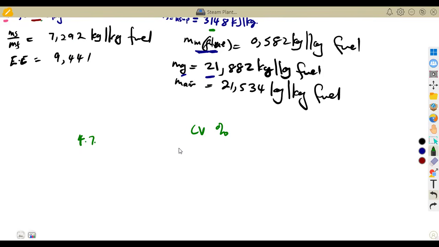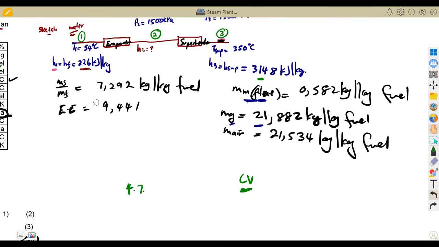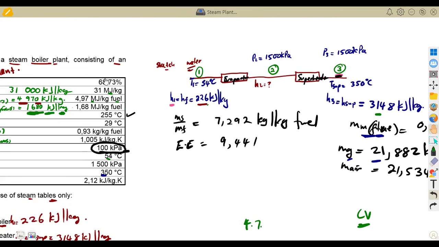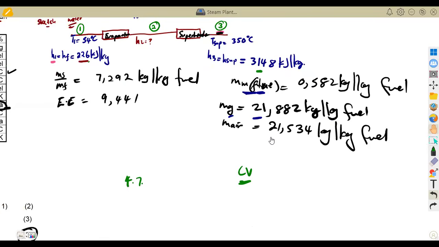Remember, we've got the thermal efficiency there. We talked about the thermal efficiency. So the percentage of that must be subtracted from the calorific value. Our thermal efficiency is what? 68.73%. So you must remove a percentage of that.